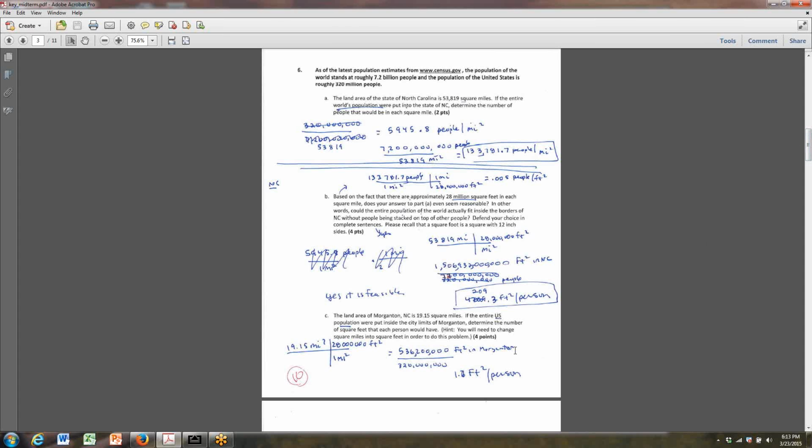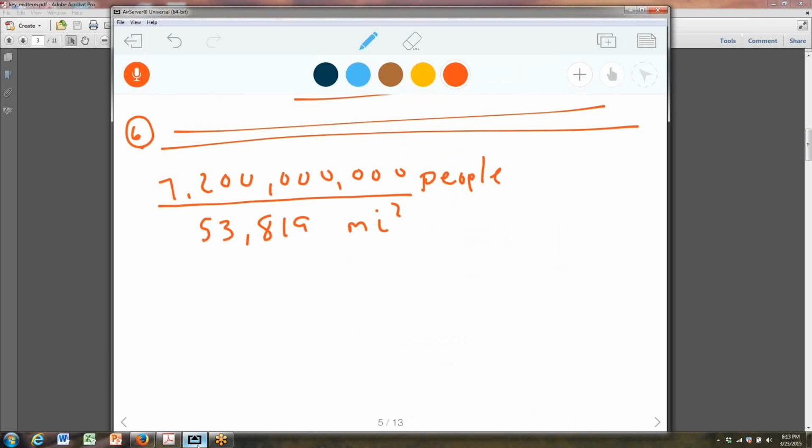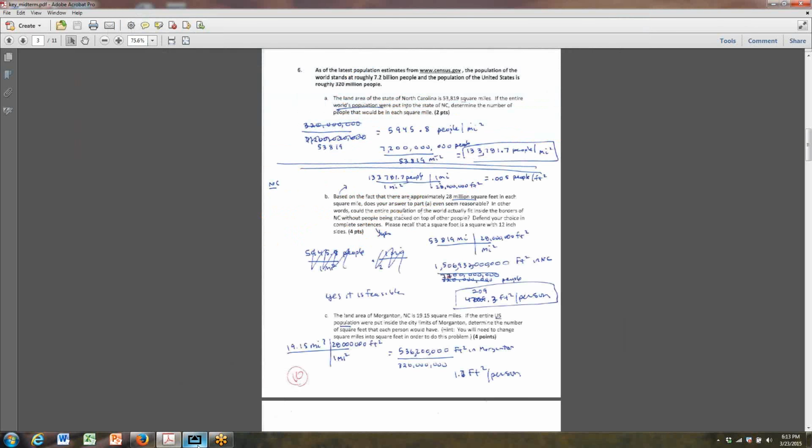If you divide that out, the 7.2 billion people divided by the 53,819 square miles, you should come up with about 133,781.7 people per square mile. Okay?